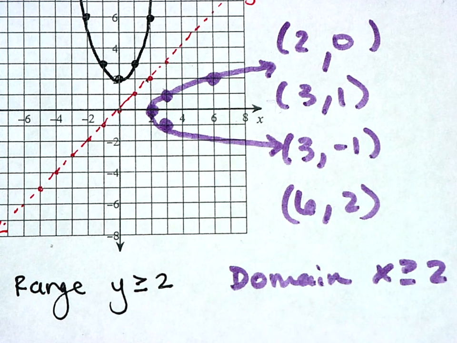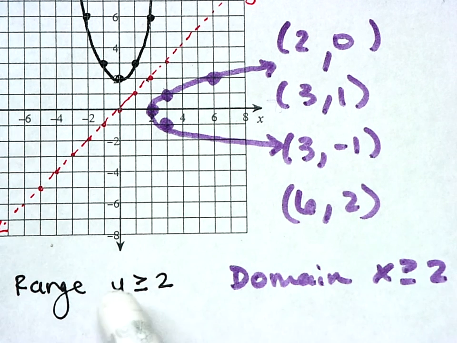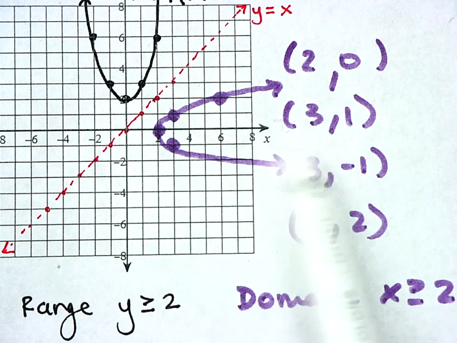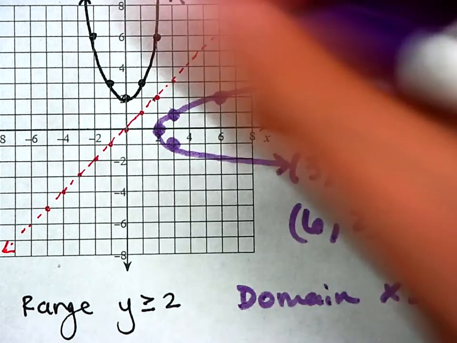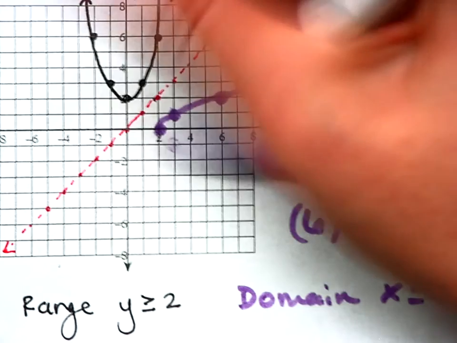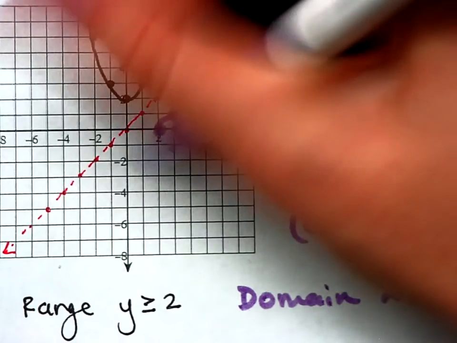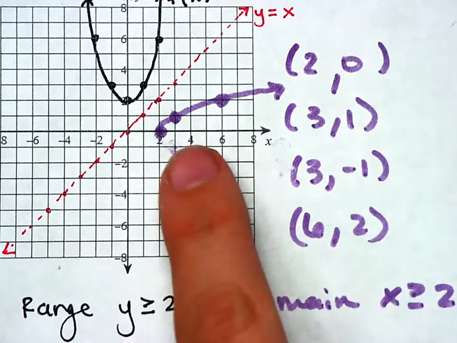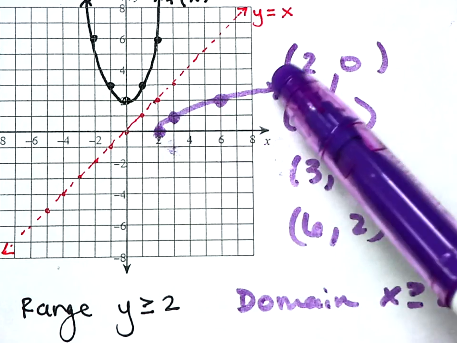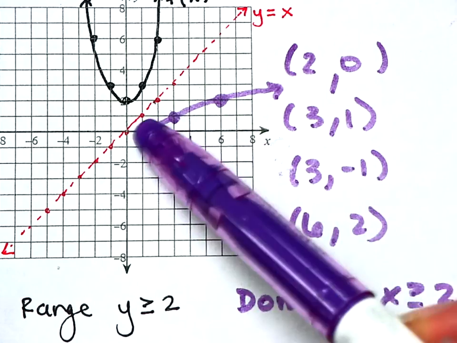All right, and then last thing I want to show is that if that's true, if the y values are greater than or equal to 2, then I can't have any of these values down here. So when we draw a square root function, we only end up getting this positive top of the shape.